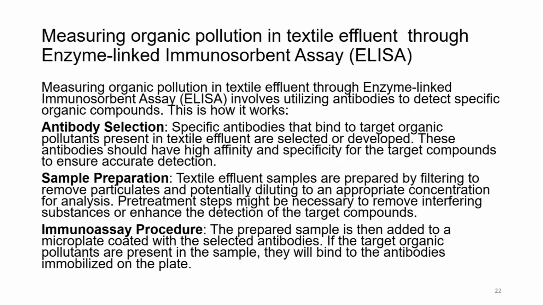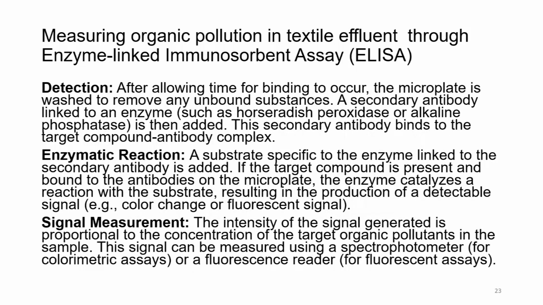Immunoassay procedure. The prepared sample is then added to a microplate coated with selected antibodies. If the target organic pollutants are present in the sample, they will bind to the antibodies immobilized on the plate. Detection.